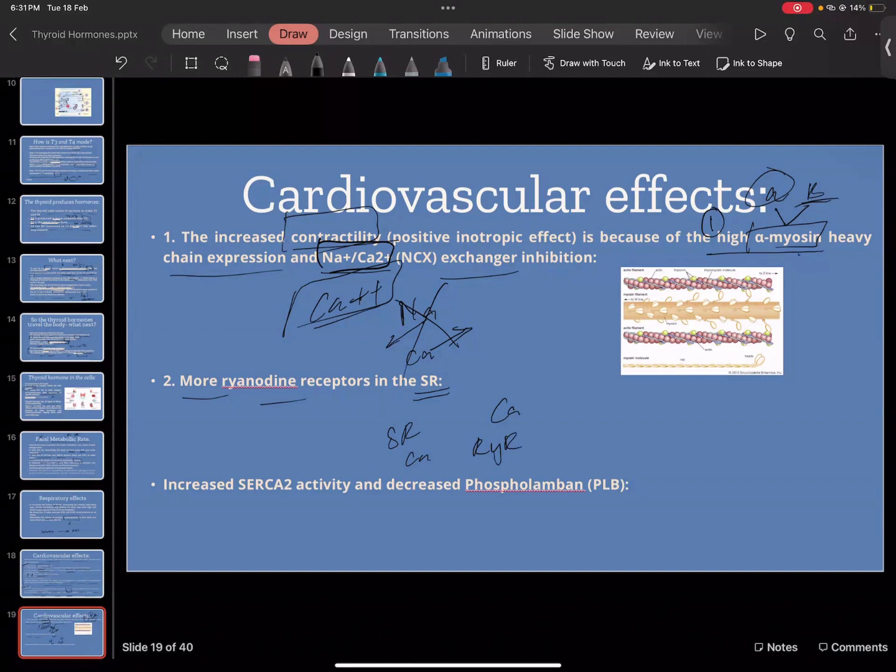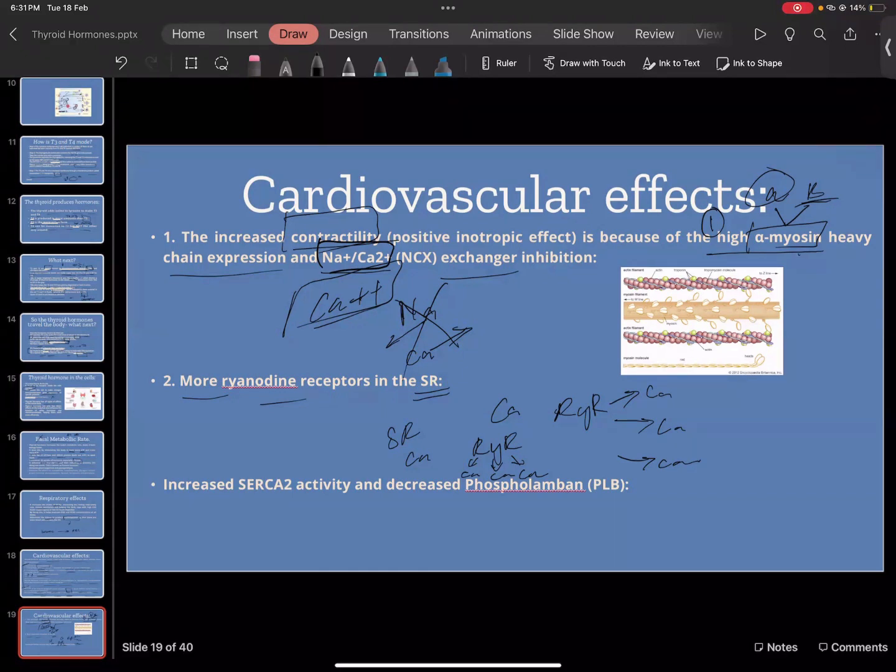And then these ryanodine receptors release a bunch of calcium. So if we have more ryanodine receptors, it makes sense that we have more calcium. Okay, so if we have more calcium, again, it increases the effectiveness of the contraction. So it increases the strength of the contraction, and the contraction just happens faster overall.